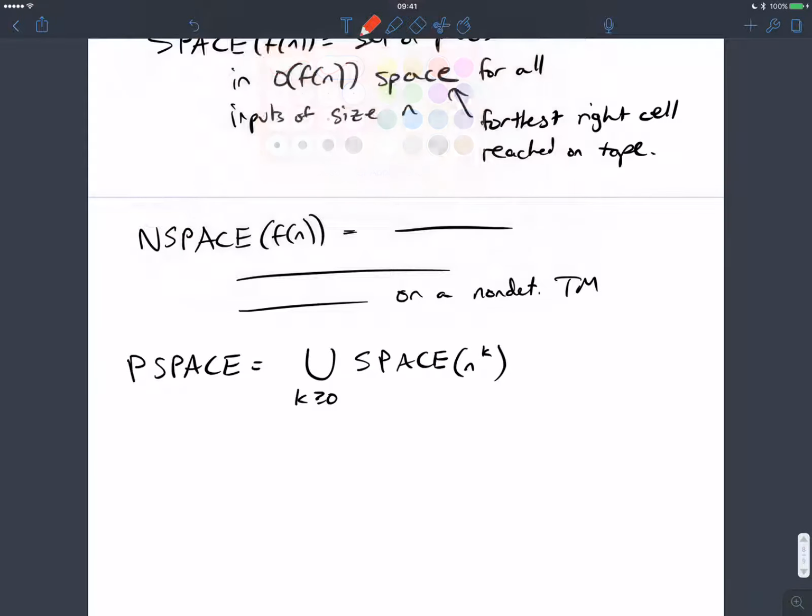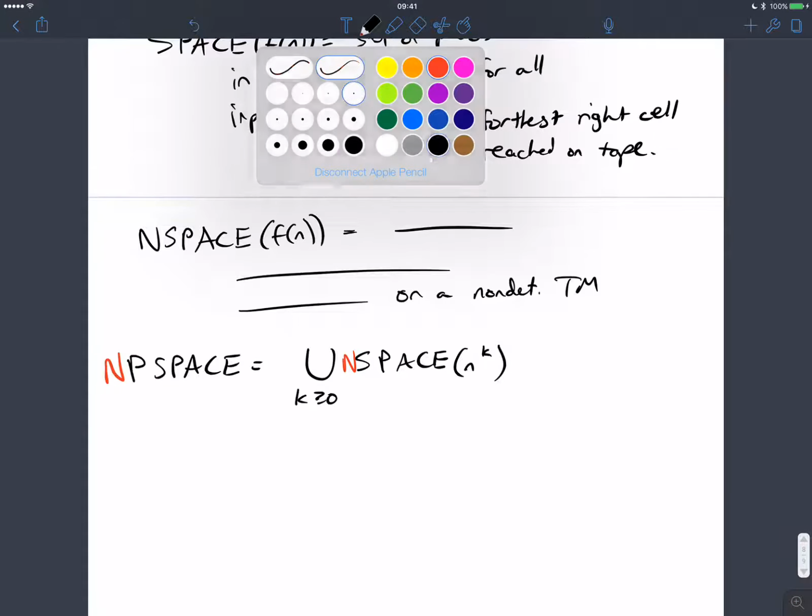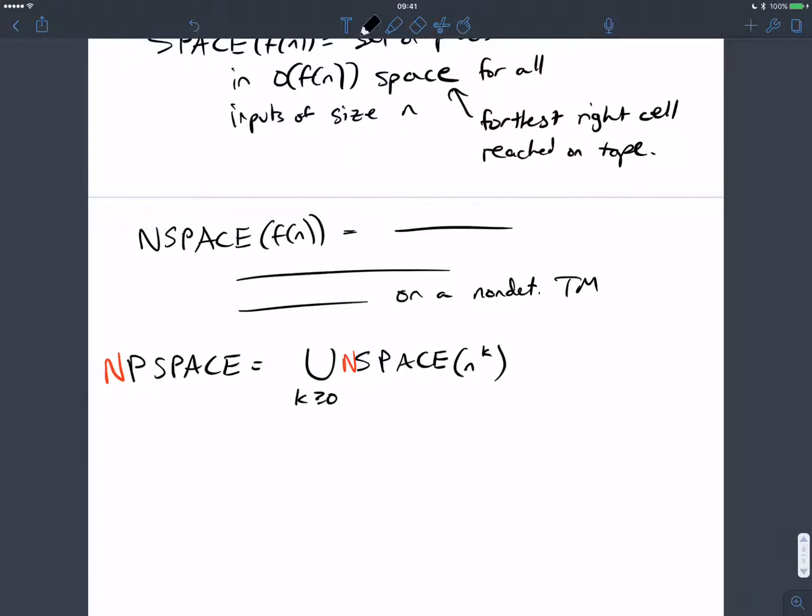And in the same way, I'm going to put NPSPACE for NSPACE. So non-deterministic PSPACE is just non-deterministic space for all polynomials. Exactly the same definition as before, but with space instead.